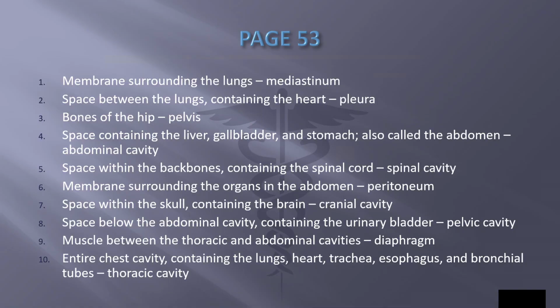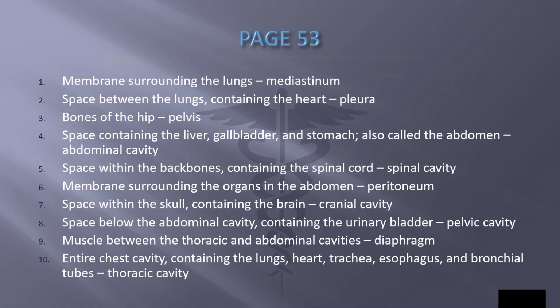So now on page 53, we have a little quick review of our different body cavities. Number 1, the membrane surrounding the lungs. This is the mediastinum. Number 2, the space between the lungs containing the heart. This is known as the pleura.